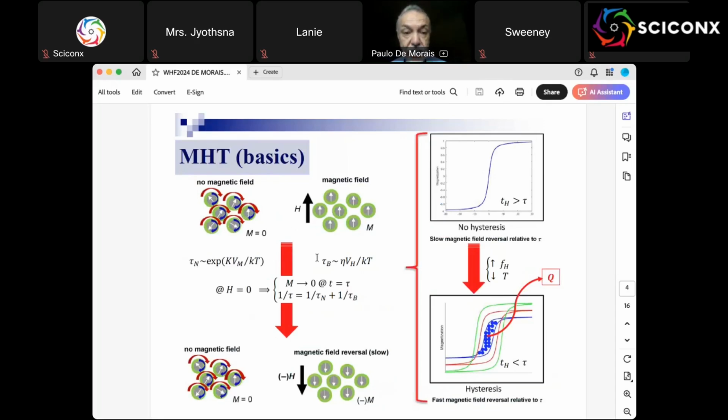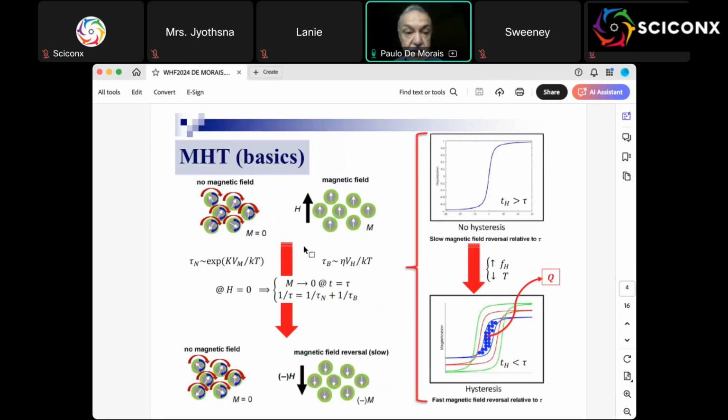On the other hand, the Brownian relaxation time, on the right-hand side here, means the randomization of the magnetic moments by the randomization of the orientation of the nanoparticles themselves. So the nanoparticles turn around until the orientations of the magnetic moments are randomly placed in space.